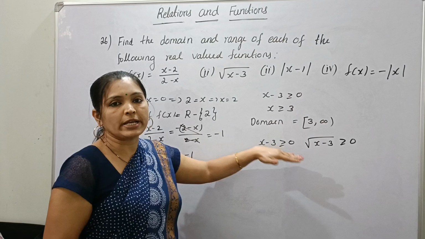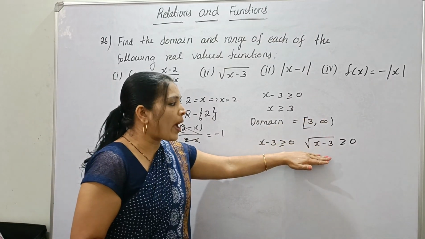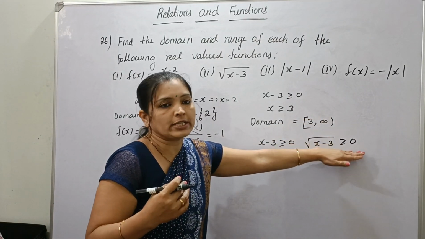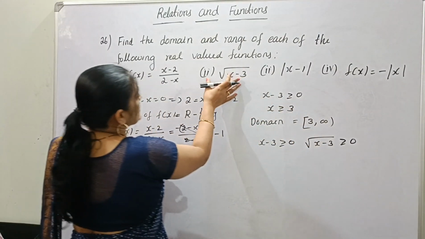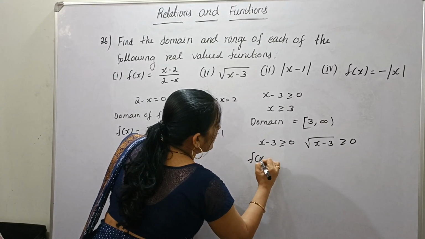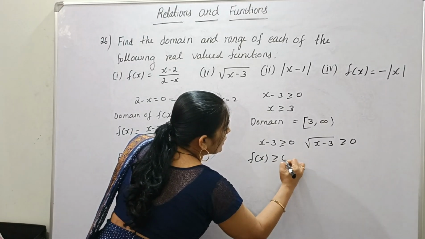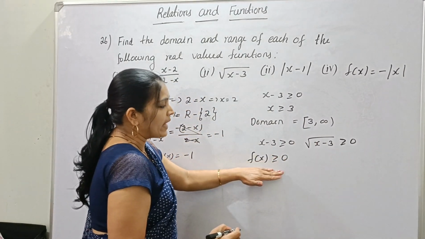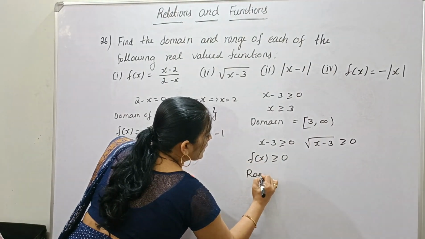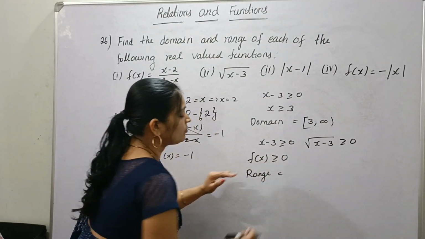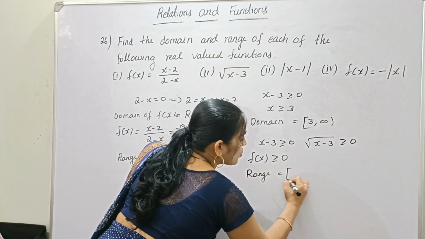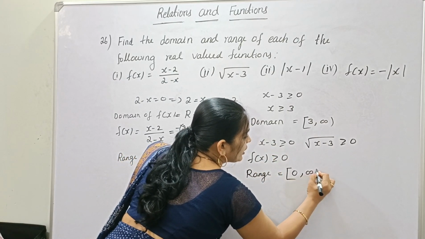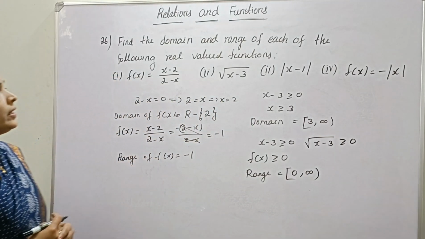Here the square root of x minus 3 is f of x. So we have got f of x greater than or equal to 0. So the range is the closed interval 0 to infinity. Now third one.